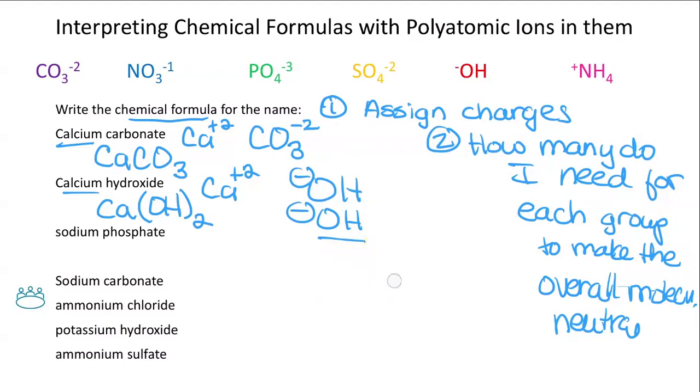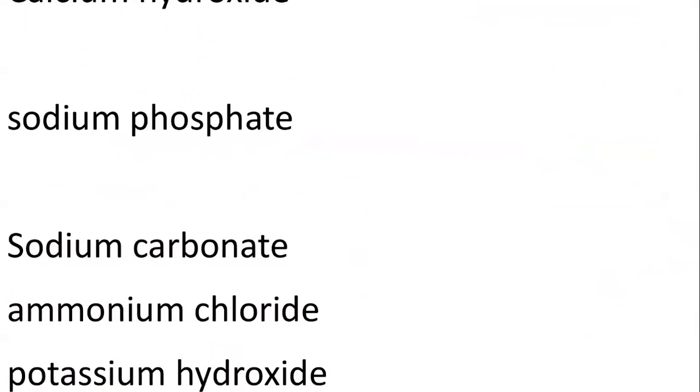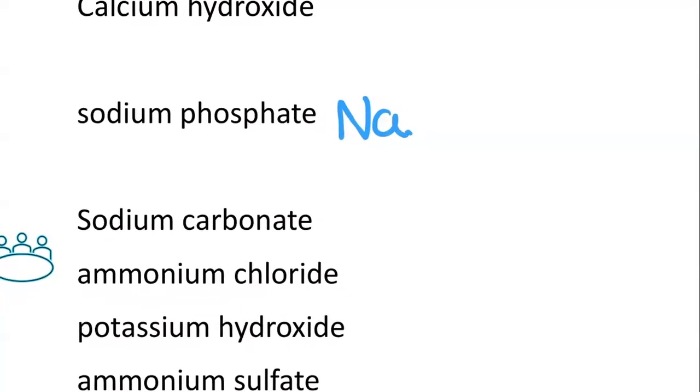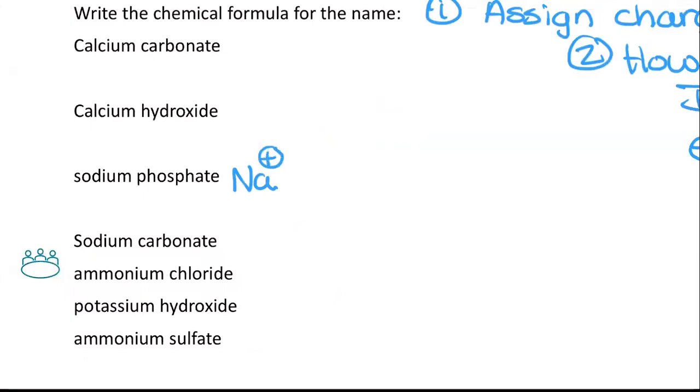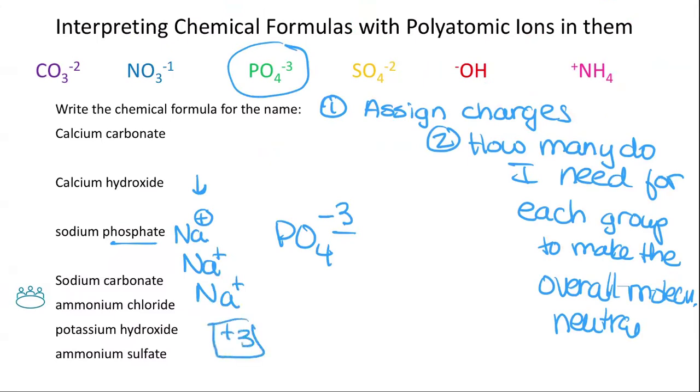Okay, let's do the next one. So let's do sodium phosphate. Sodium, you look on the periodic table, has a +1 charge. And you have phosphate, which has a -3 charge. So I need 3 sodiums to give me a +3 total charge to cancel that -3.